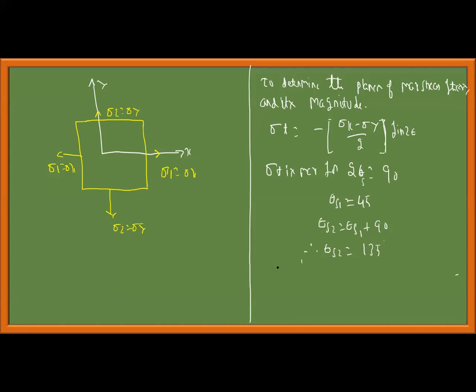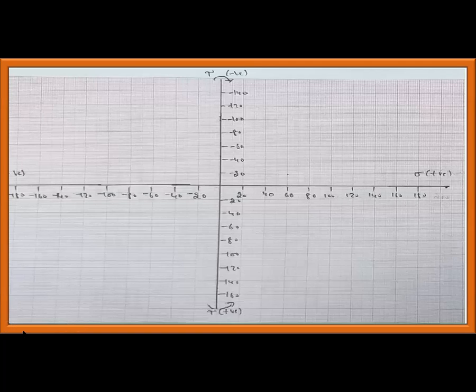Now I have obtained this, to find the magnitude of maximum shear stress, substitute theta S1 or theta S2 in sigma t. Tau is complementary: if one is positive, the other will be negative.